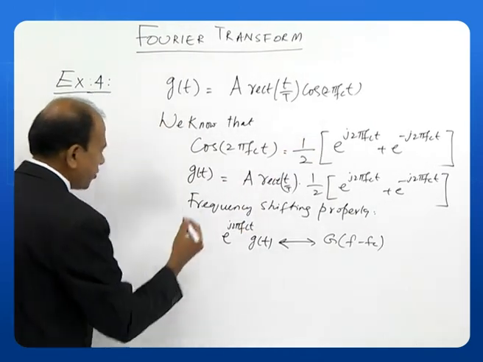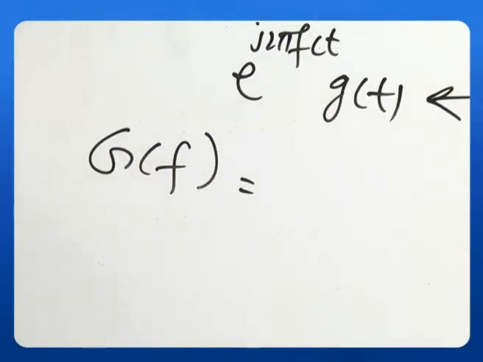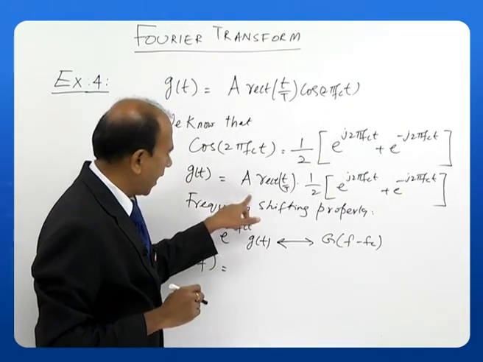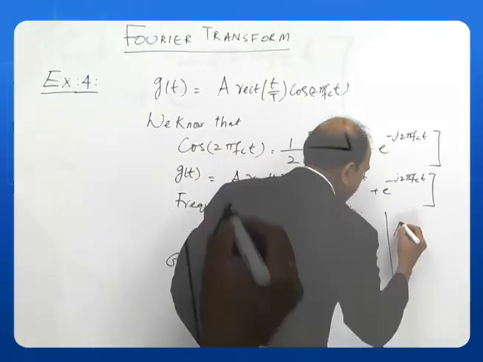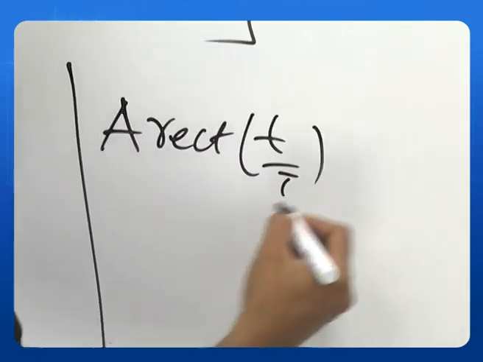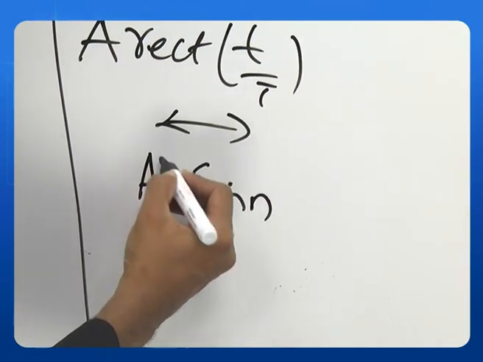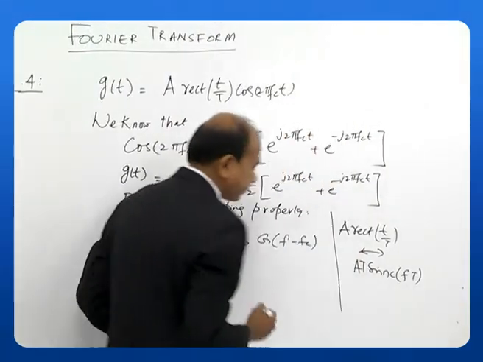Now, let us calculate what G(f) is. G(f) will be G(f minus f_c) in these cases. So, what is the Fourier transform of a rectangle t by T? A rectangle t by T will have a Fourier transform equal to T sinc(fT).